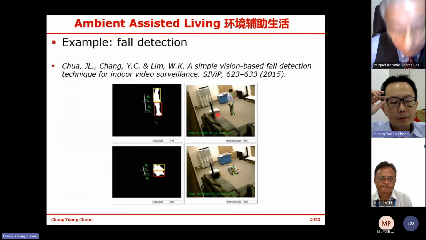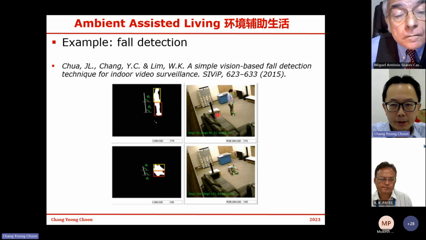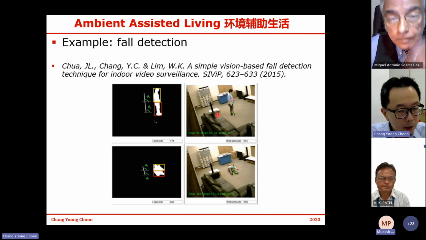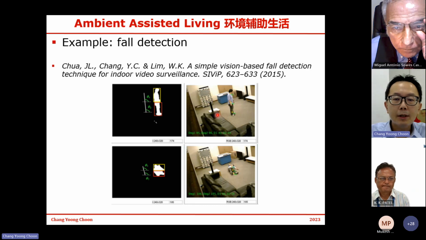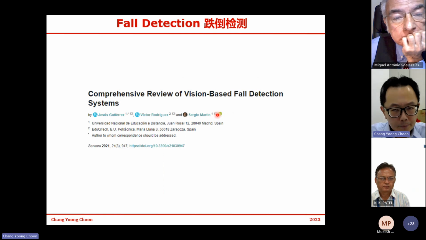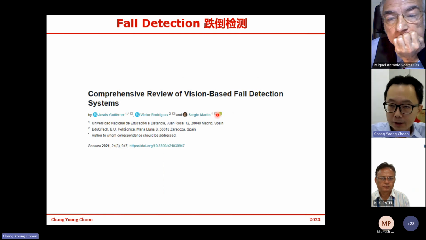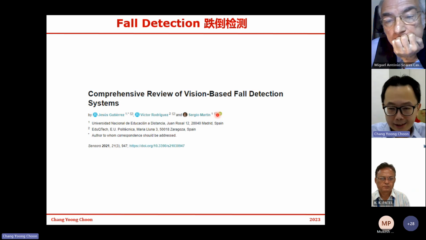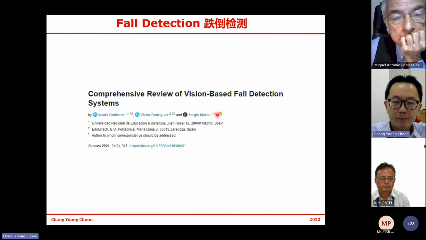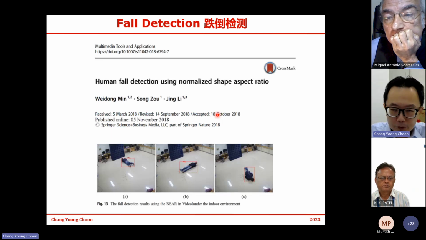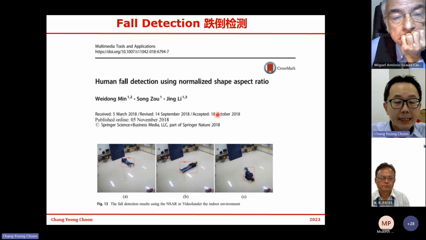This is some work I've done on ambient assisted living, fall detection, done by my previous student. There is more and more work in fall detection, but the problem is how to collect the data set, because creating a data set for fall detection is risky.